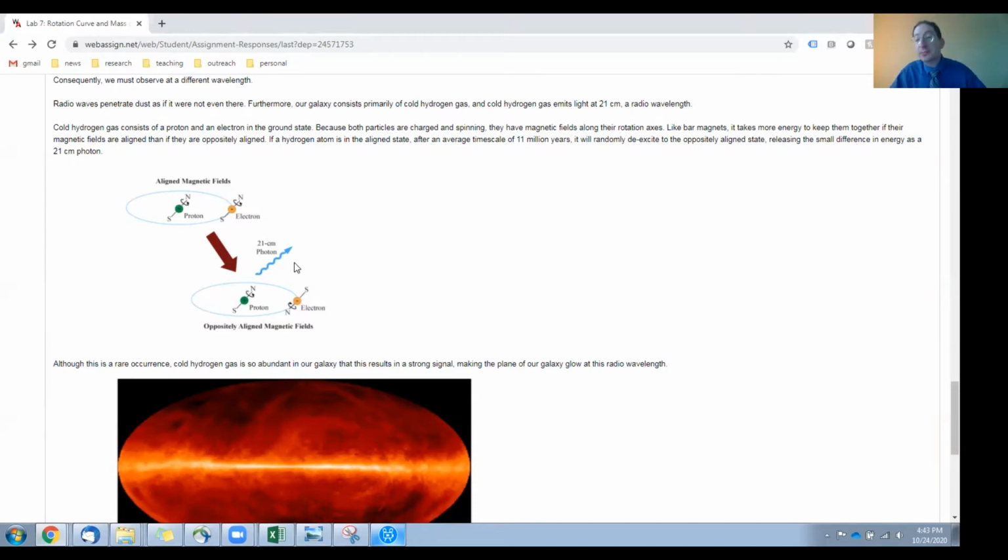Now, the typical time scale for this transition to occur randomly on its own is about 11 million years. And given that, you may think, well, we won't see much of this. But cold neutral hydrogen is so abundant that despite that long time scale to transition, we still get a whopping strong signature.